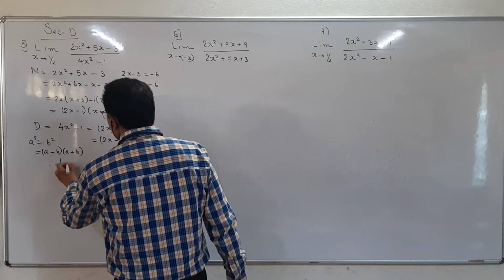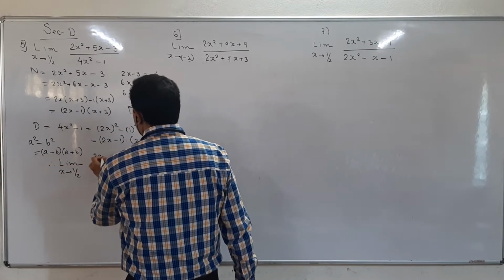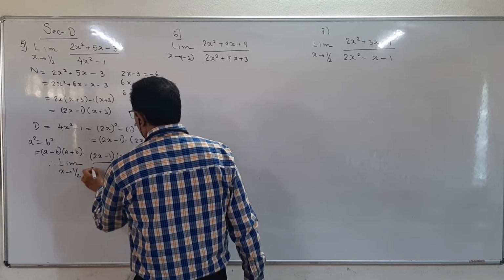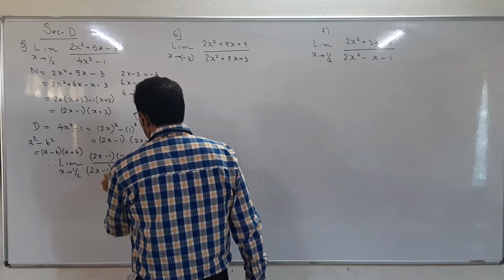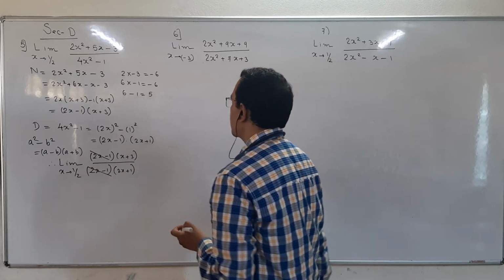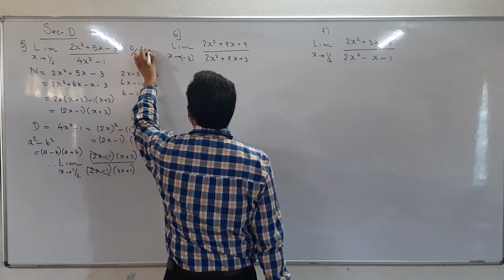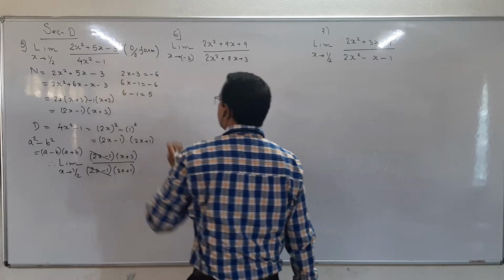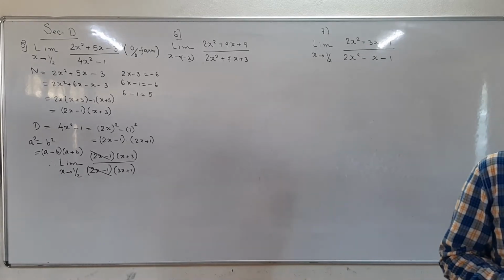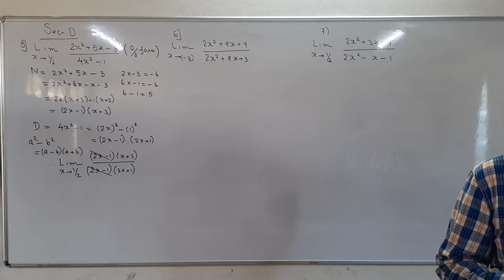Therefore, the required limit is twice x minus 1 into x plus 3 upon twice x minus 1 into twice x plus 1. x minus 1, x minus 1 gets cancelled. Still this is 0 by 0 form only. Students, I repeat, still this is of which form? Then the answer is 0 by 0.